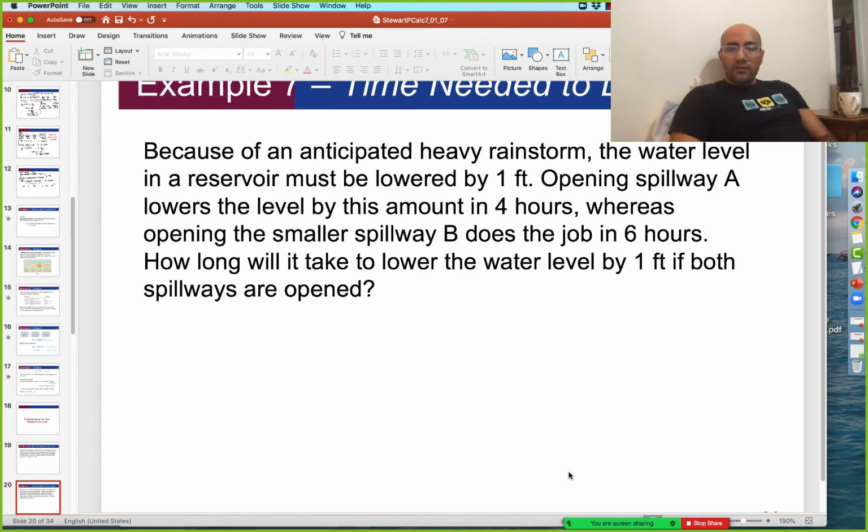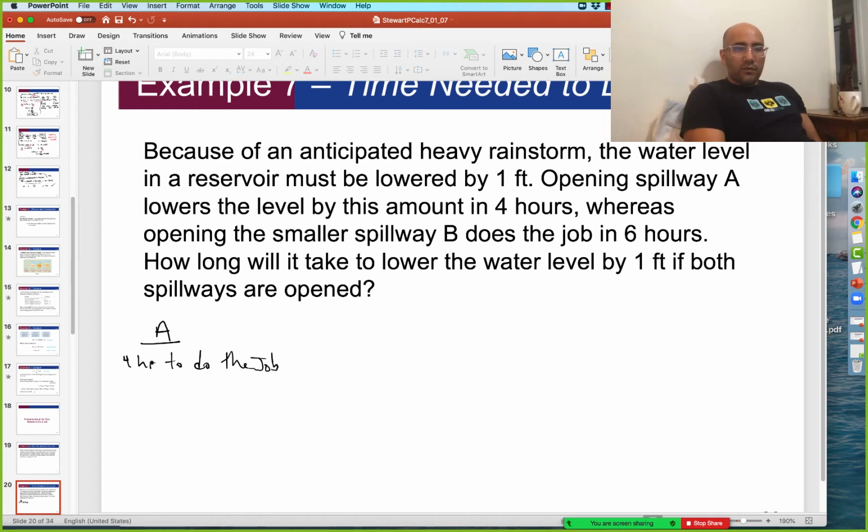Okay, so the key here is to combine both of them. So for spillway A, it takes 4 hours to do the entire job.